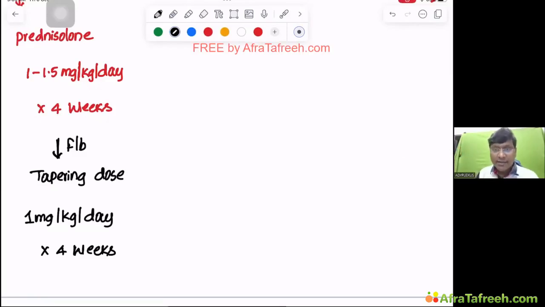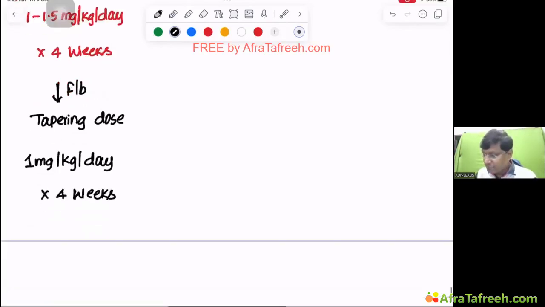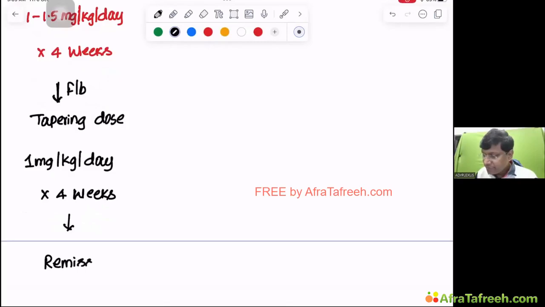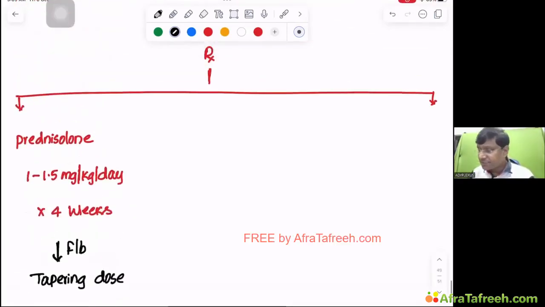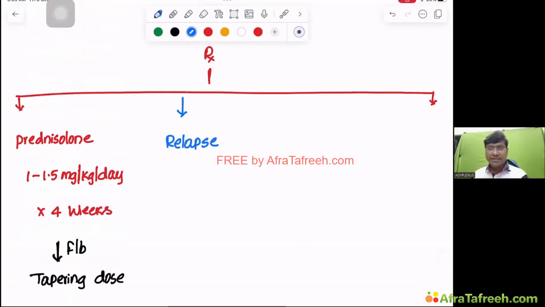Right. And once you give this prednisolone, the individual goes into a state of remission, and then you need to taper and completely stop. But few children will have the relapse.